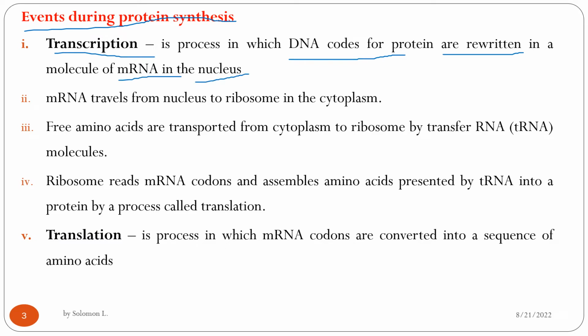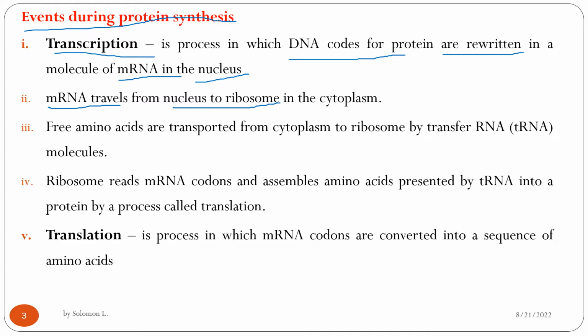DNA is a huge molecule that can't leave the nucleus, so it sends the genetic code through messenger RNA, and this writing of DNA codes to a molecule of messenger RNA is known as transcription, and it occurs in the nucleus. Now, this messenger RNA travels from the nucleus to the ribosomes in the cytoplasm.